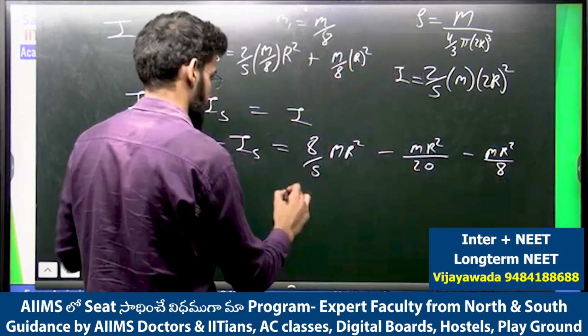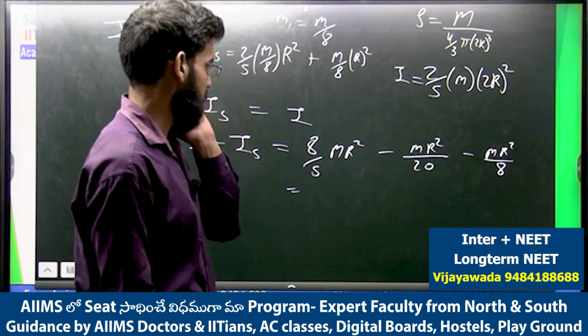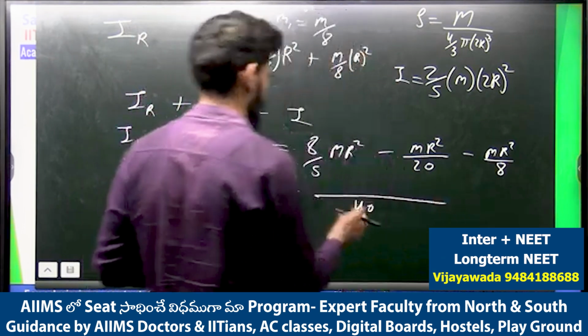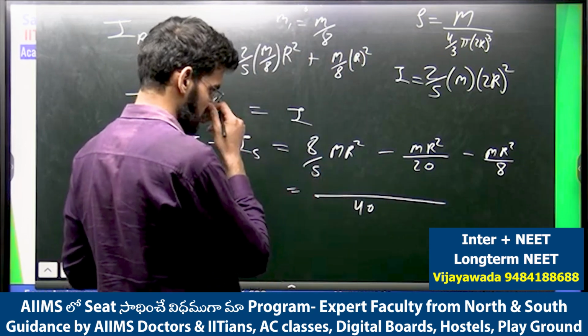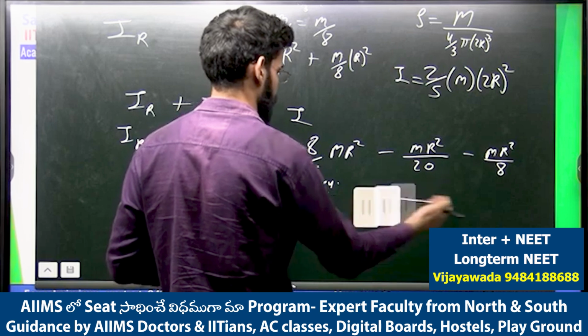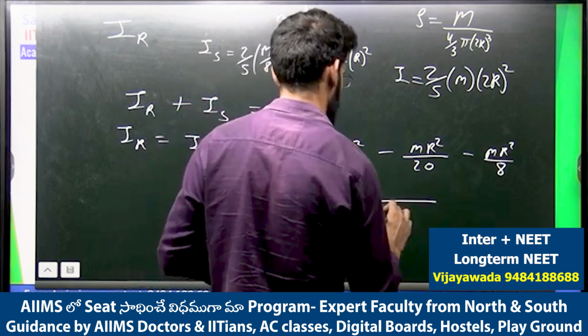So from here you can take the LCM, 40. With LCM 40, 8 times 8 is 64. 64 mr square, taking mr square common, and 40 LCM.